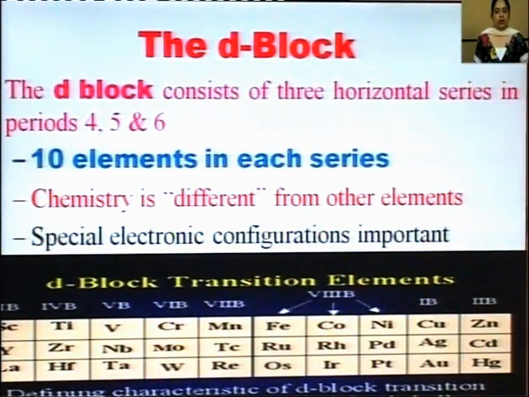D block elements. The D block elements consist of 3 horizontal series in periods 4, 5 and 6, with 10 elements in each series.